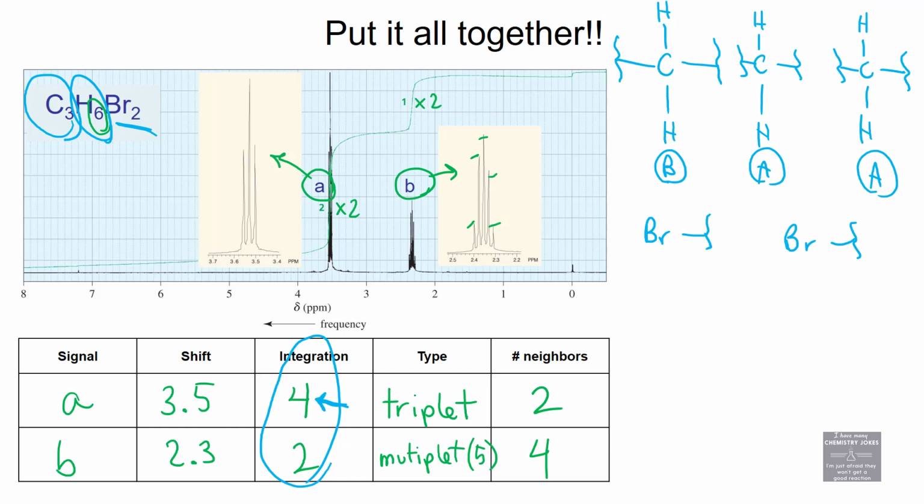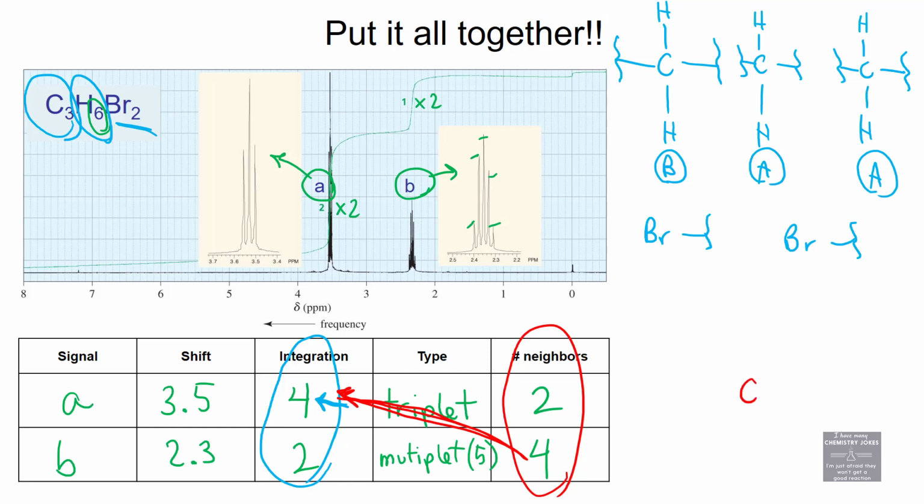Now it's time to start assembling a molecule. I start assembling by looking at the number of neighbors. So I see that B is 2 H's that has 4 neighbors. Well, A actually represents 4 H's, so it must mean A and B are neighboring each other.